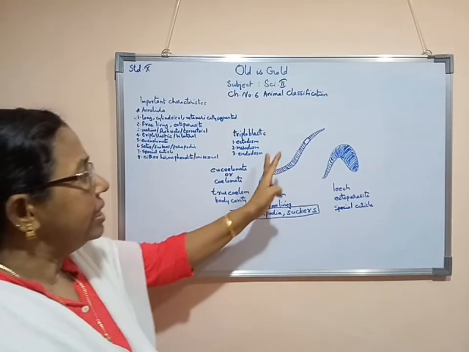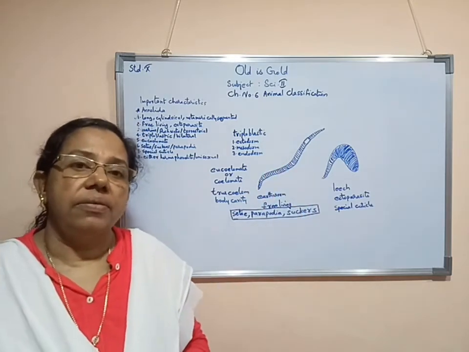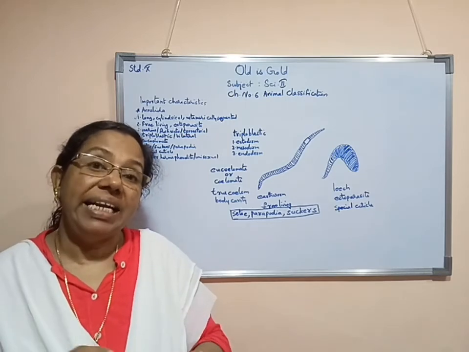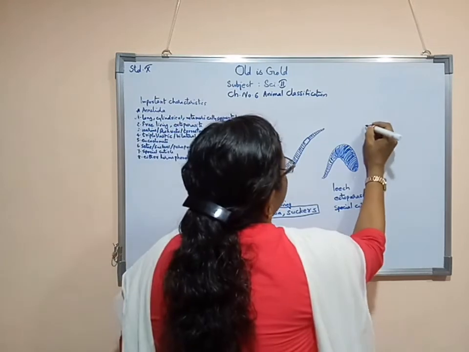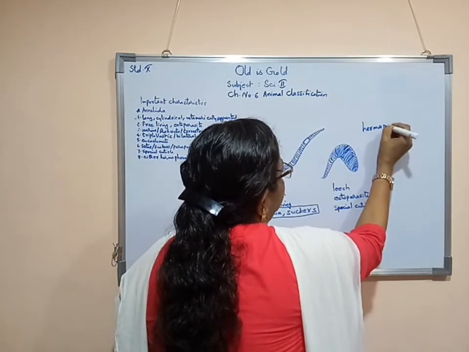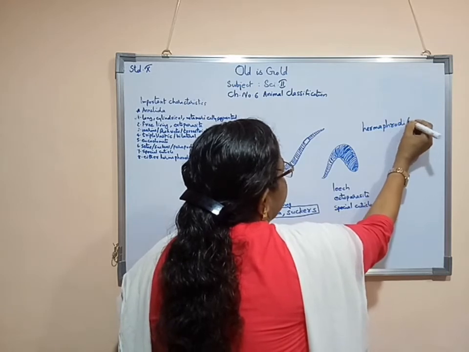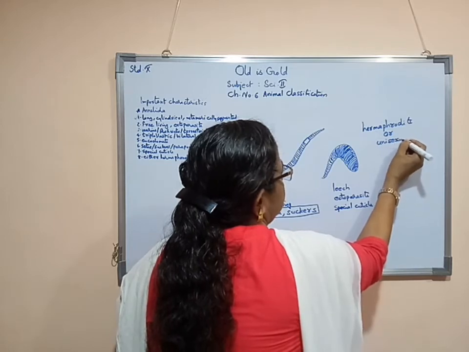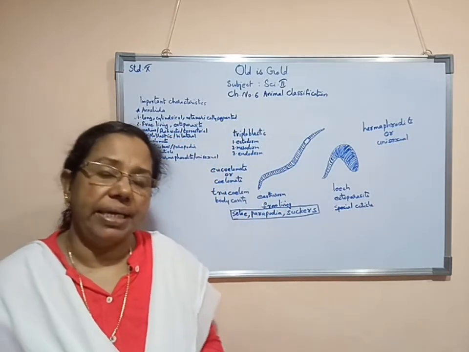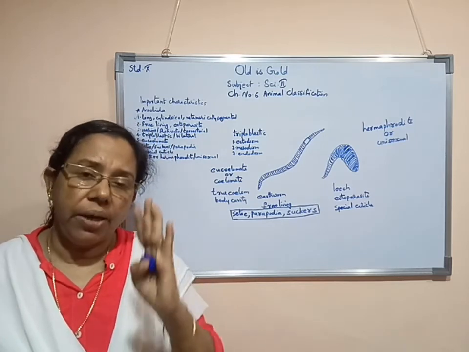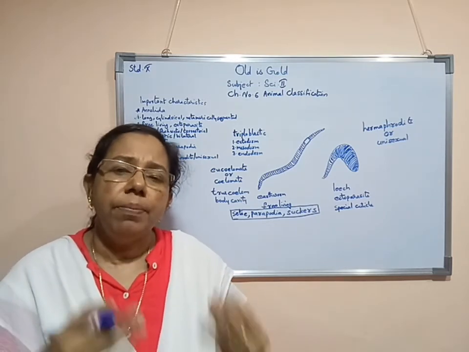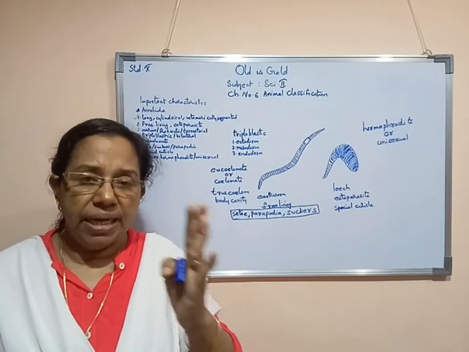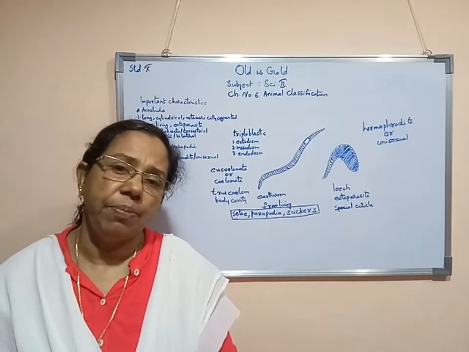Then one more thing, annelida or different types of annelida may be either hermaphrodite or unisexual. Hermaphrodite means an organism has both male and female reproductive systems in its body. Unisexual means the male organism is different and the female organism is different.